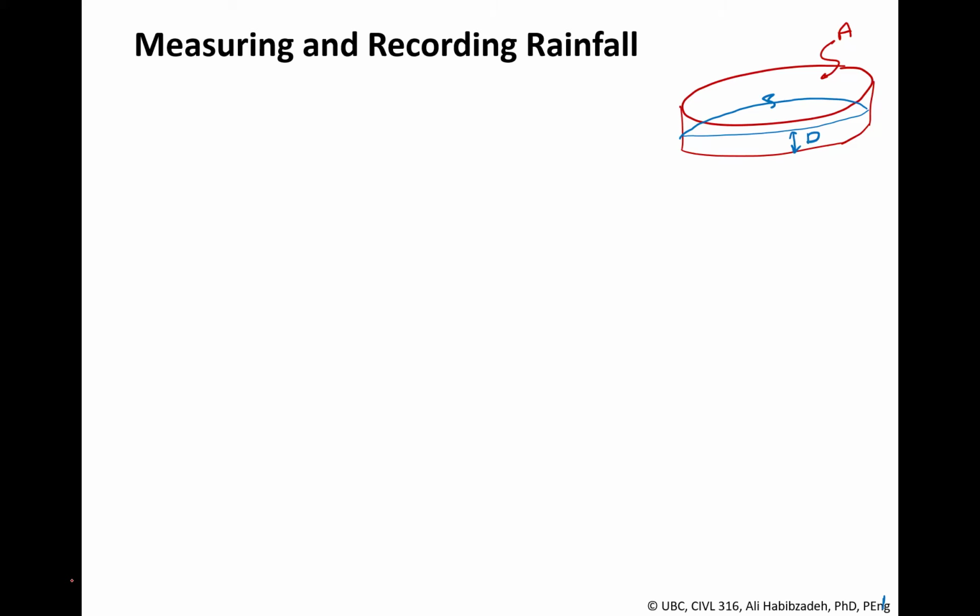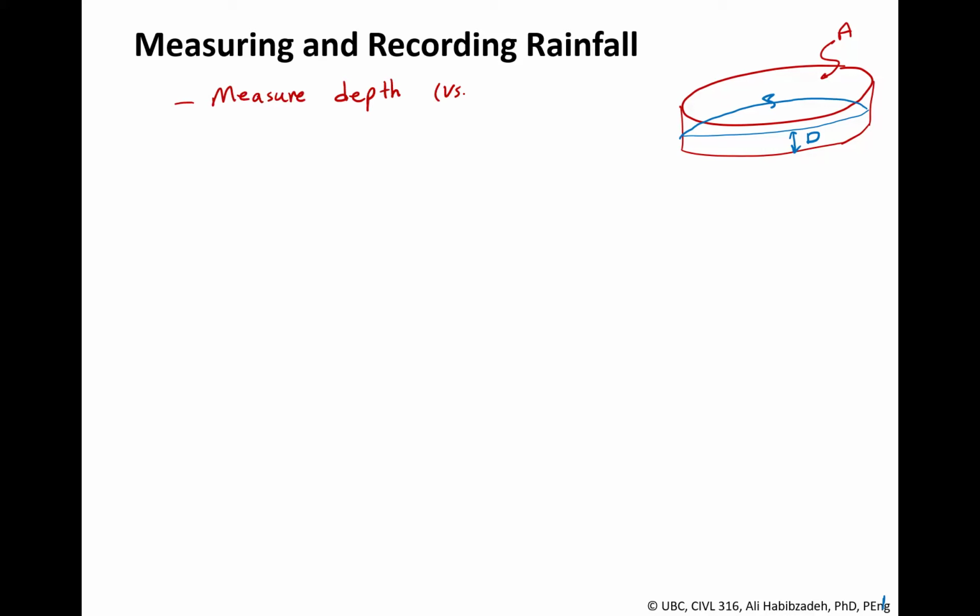One thing you will notice, as I said on this sketch, is that it's cumulative, meaning that we keep collecting rainfall and we keep measuring depth with time. So depth with time will change, right? So we measure depth.